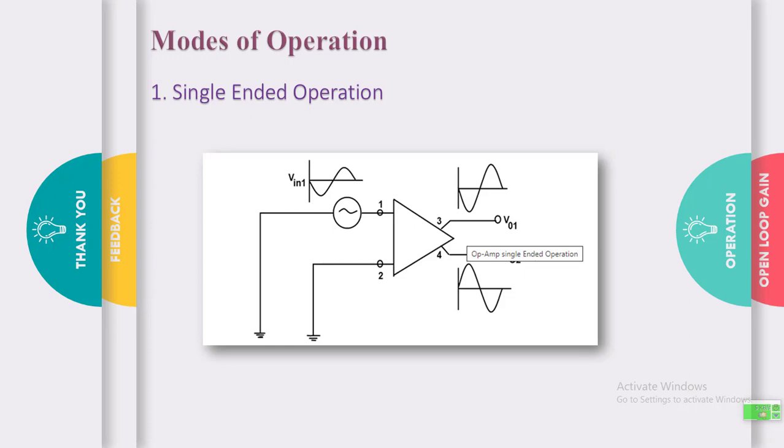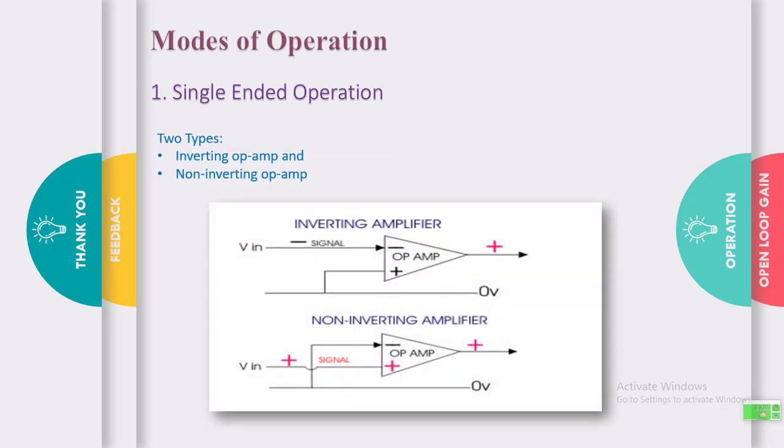Earlier, we learned that for the inverting terminal, we get the output with 180 degree phase shift. For the non-inverting terminal, we get the same output as our input. So we can divide our single mode operation into 2 types: inverting op-amp and non-inverting op-amp.